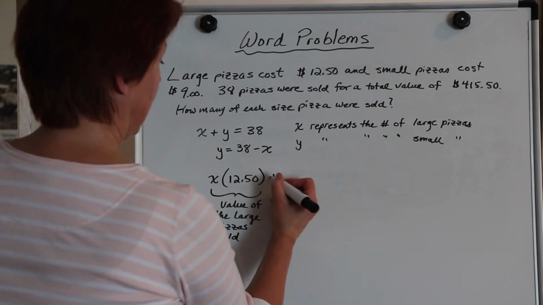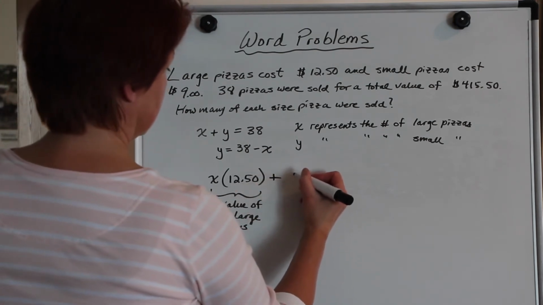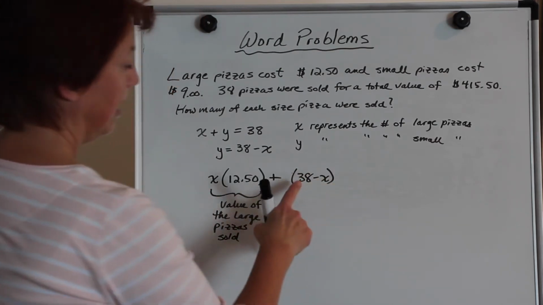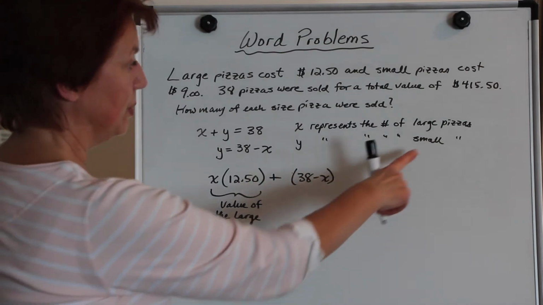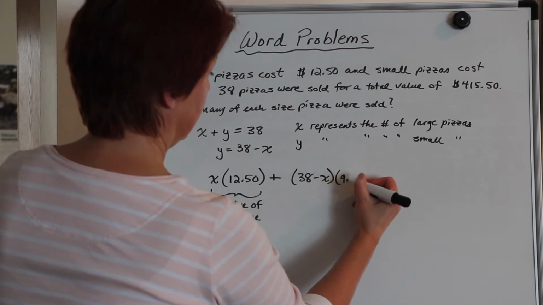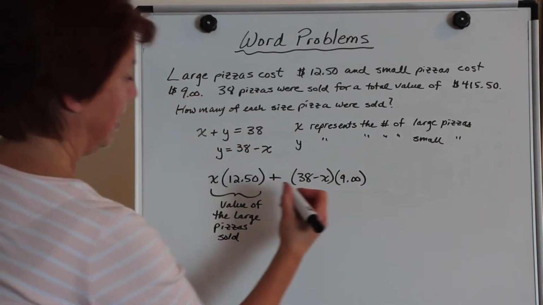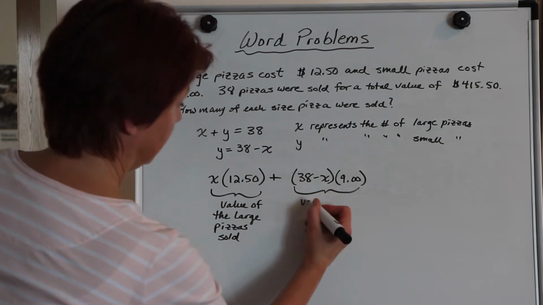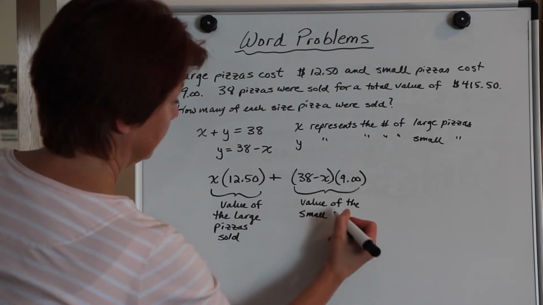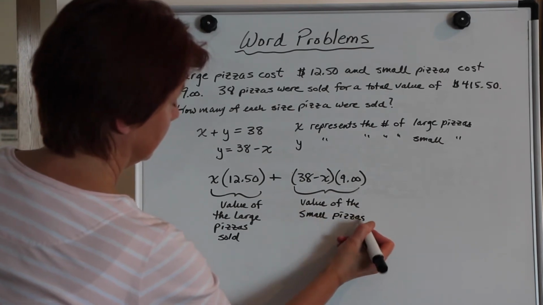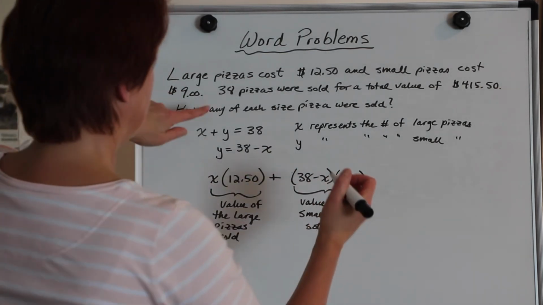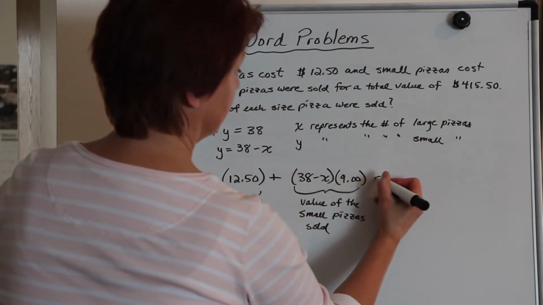Okay, and then we add that to 38 minus x, and this is the number of small pizzas that were sold, because it is y, you see, and we multiply that by 9. And this is the value of the small pizzas sold. The two values taken together add up to $415.50.